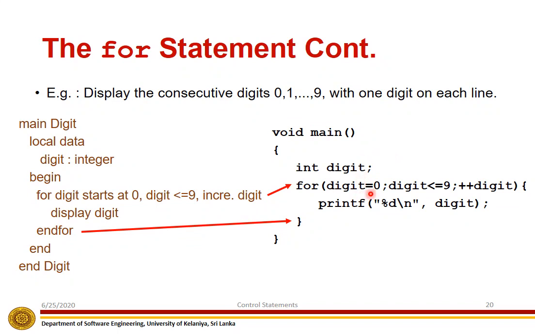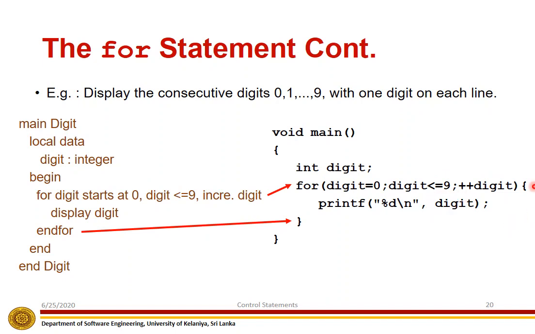First digit equals 0, then 0 is less than 9, then it prints the digit and checks the update condition. 0 plus 1, 1, then again the condition, 1 is less than 9, so it prints the 1. Then again it will check the condition, 1 plus 1, 2, 2 is less than 9, so it will print the 2.